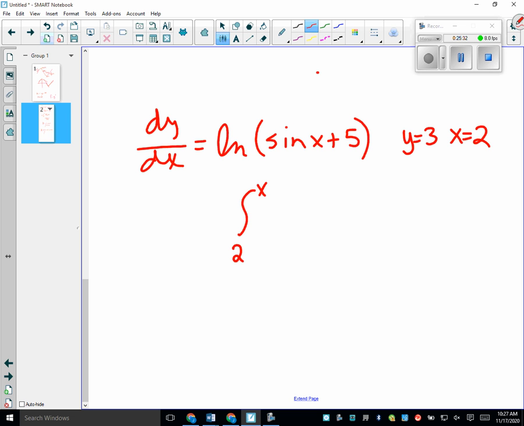Is there ever going to be one where it's an extra 2? How would we know the difference? That's how you're going to do it every time. All right? Now, it's the integral of ln of sine of t plus 5 dt, right? Plus 3, because we started at 3 instead of 0. Does that make sense?